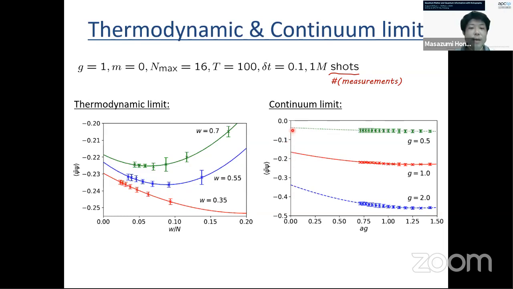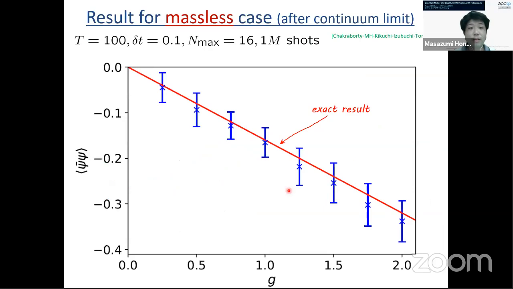So let us compare these values with the exact result. This is the result for the massless case after the continuum limit. I'm plotting psi bar psi as a function of the coupling. The red line gives the exact result, and the blue symbols are our numerical result.